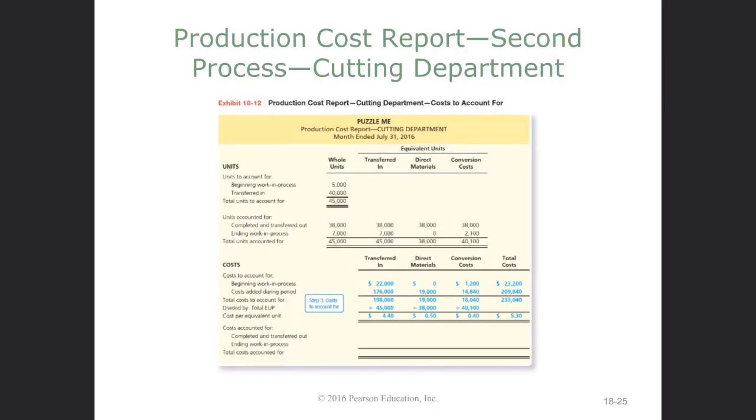Then we divide that by our total EUP of 45,000, and that tells us our cost per equivalent unit is $4.40. And it's the same process for direct materials. It's the same process for conversion cost.